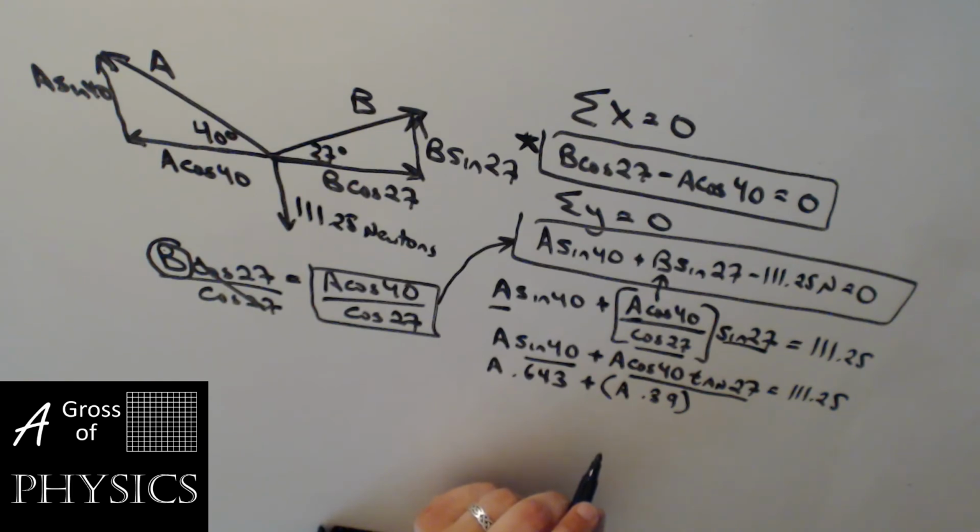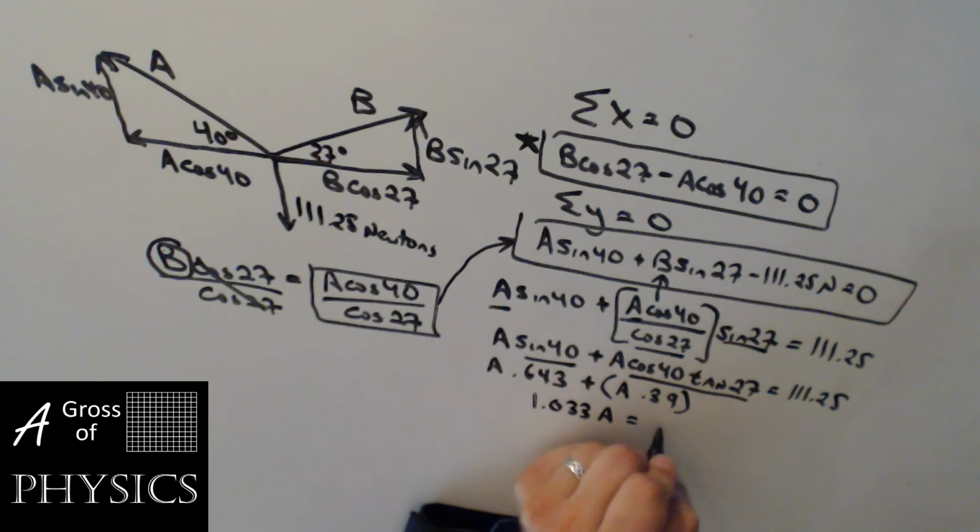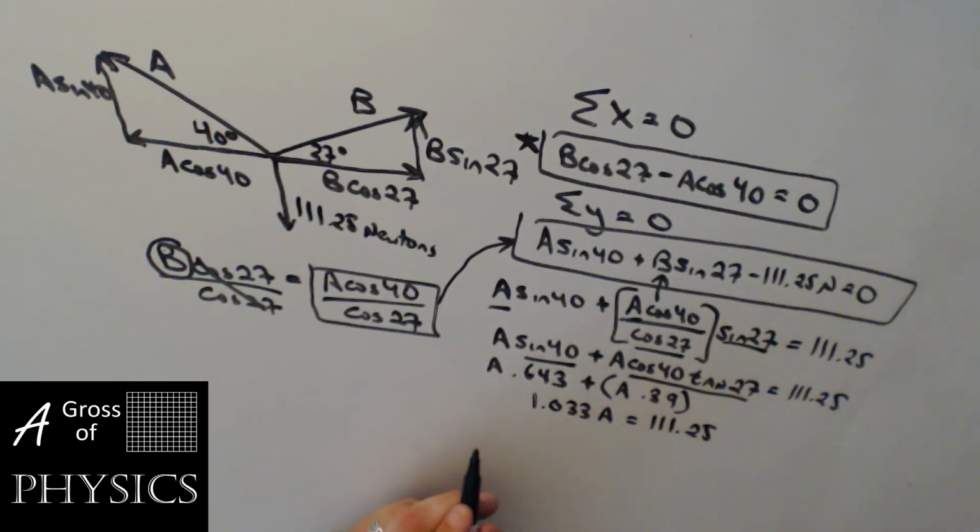Cos 40 times tangent 27 equals 0.39, plus sine of 40, I get 1.033A equals 111.25.